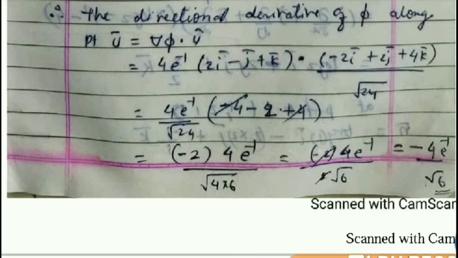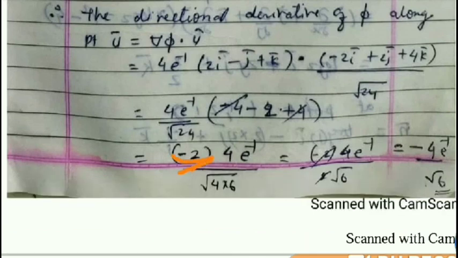So taking the dot product, 2 into minus 2 is minus 4, minus 1 into 2 is minus 2, plus 4, so the 4s cancel, and the answer is minus 2.